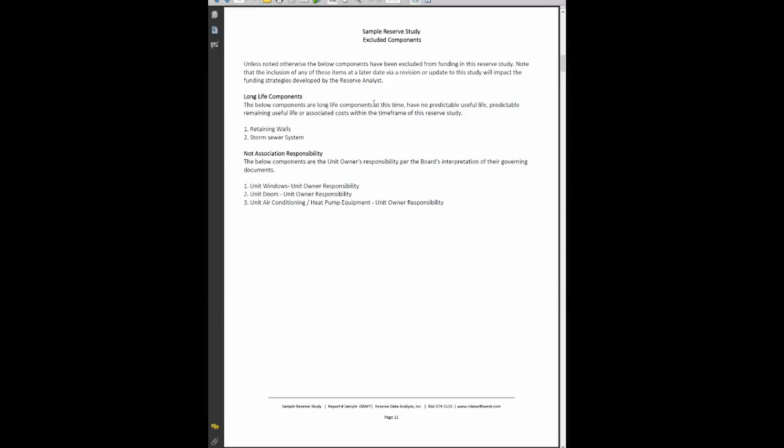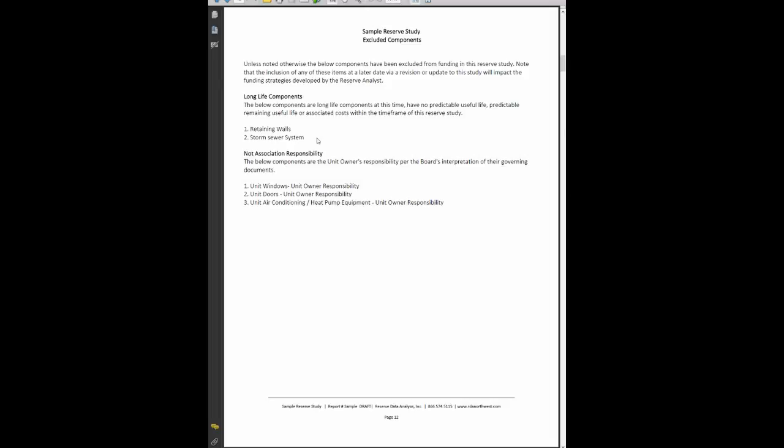Next, we have the excluded components. This will sometimes be in the reserve study, sometimes will not, depending on if there's any items that need specific comments. Oftentimes, we go to a community and have some large rock retaining walls, or in this case, storm sewer system, or it could be a retention pond, detention pond, things like that, where we really have no estimate for replacement on those items.